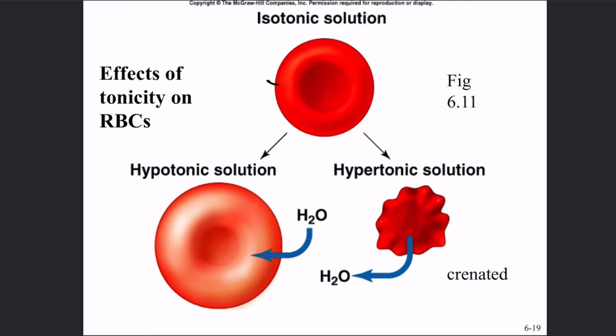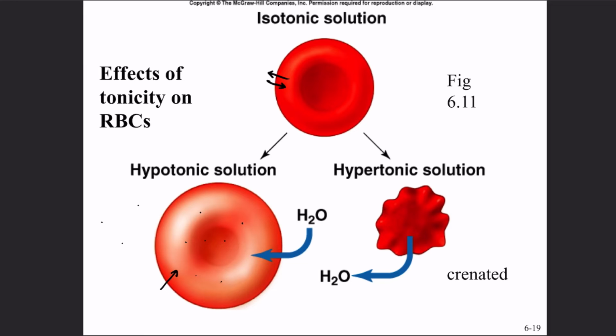And so what that means is that the movement of water in equals the movement of water out. A hypotonic solution has a lower osmotic pressure, which means that it will push water into the cell because it's following the solute concentration, and there's going to be more solute concentration within the cell than in this hypotonic solution.